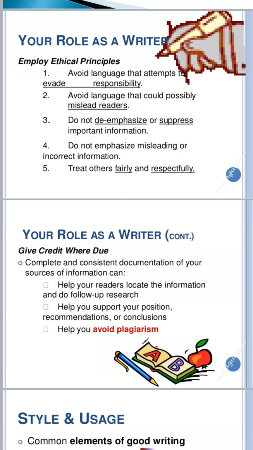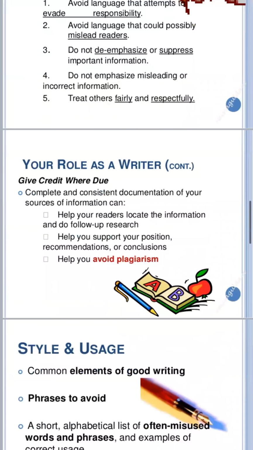So for your role as a writer in technical writing, you have to give credit where it is due. Make complete and consistent documentation of your sources of information, so your readers can locate the information and do follow-up research on whatever you have conveyed.